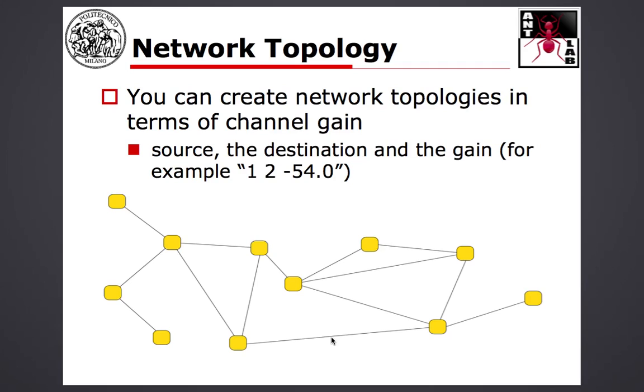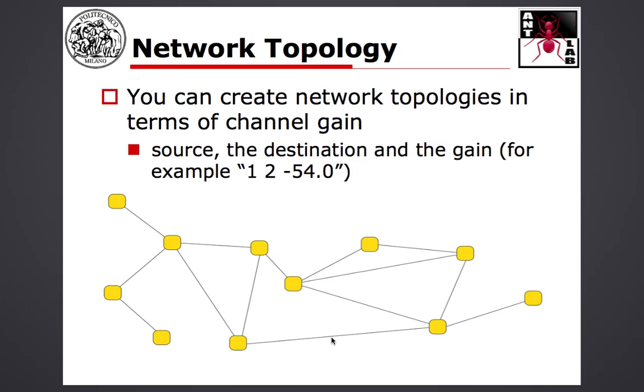Values below minus 70, meaning minus 80, minus 90, are considered weak values for a link. Okay? So you can divide, let's say, a link in these two categories, good link or bad link, depending on the value that you put on the line corresponding to the link.